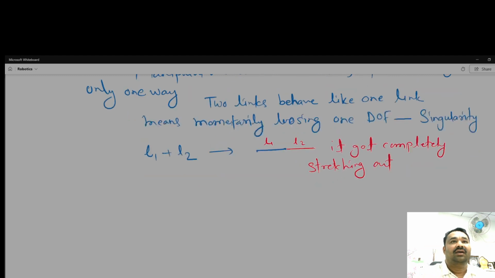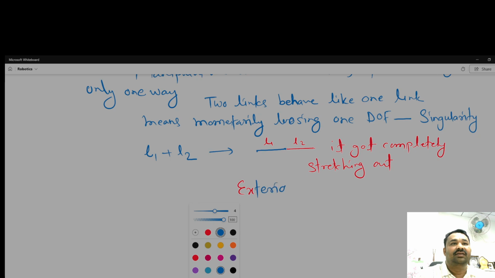And this situation is known as the exterior boundary singularity.